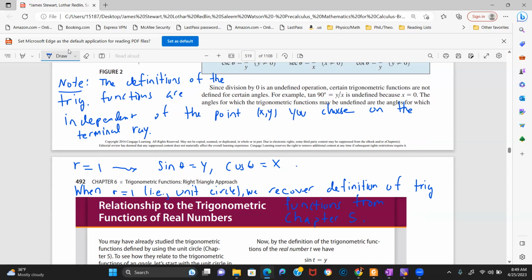We're in chapter 6. We get the unit circle approach to the trig functions.